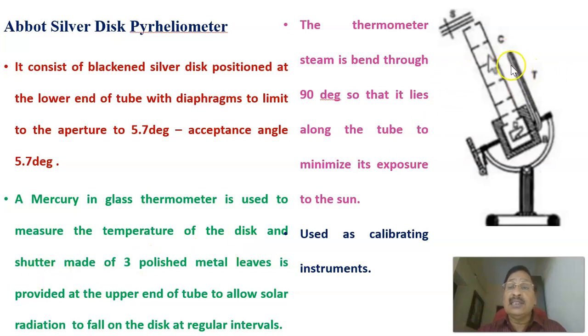The rise in temperature is because of the radiation falling on the blackened silver disc. And there are shutters. The purpose of these shutters is that three polished metal leaves are provided at the upper end of the tube to allow the solar radiation to fall on the disc at regular intervals.